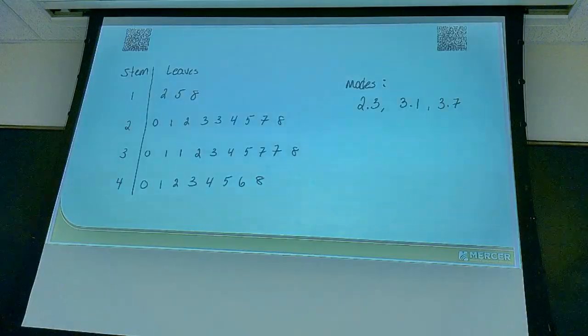What's the shape? What is it? That's not incorrect. It's a very slight left skew. I would approximate this as symmetric.